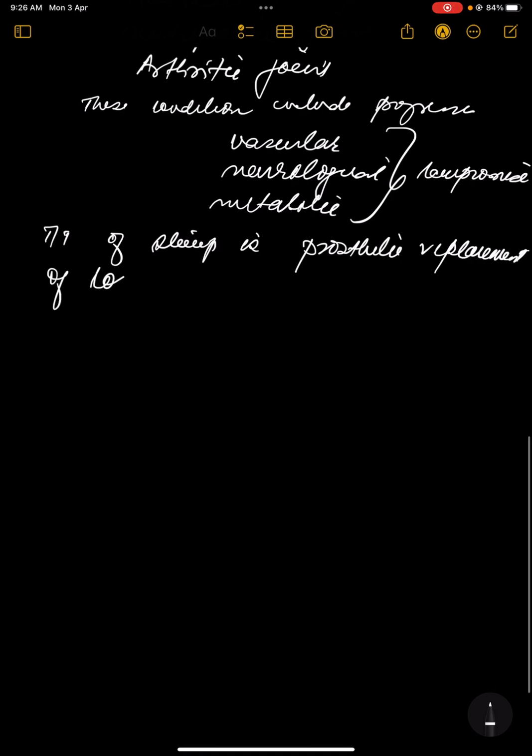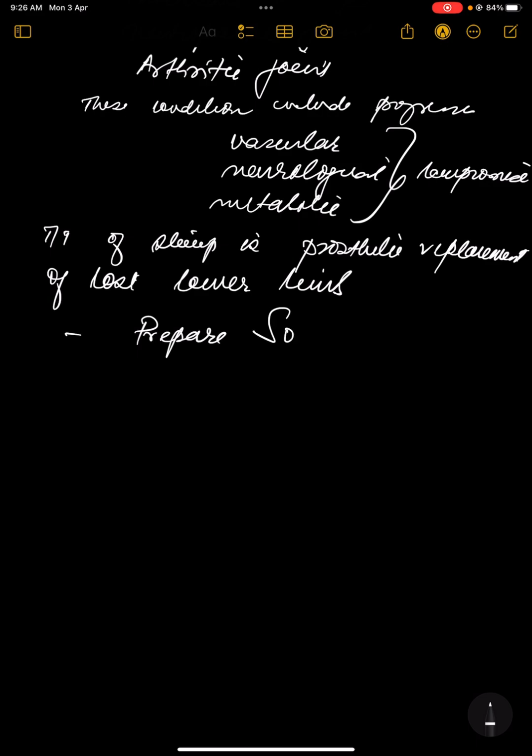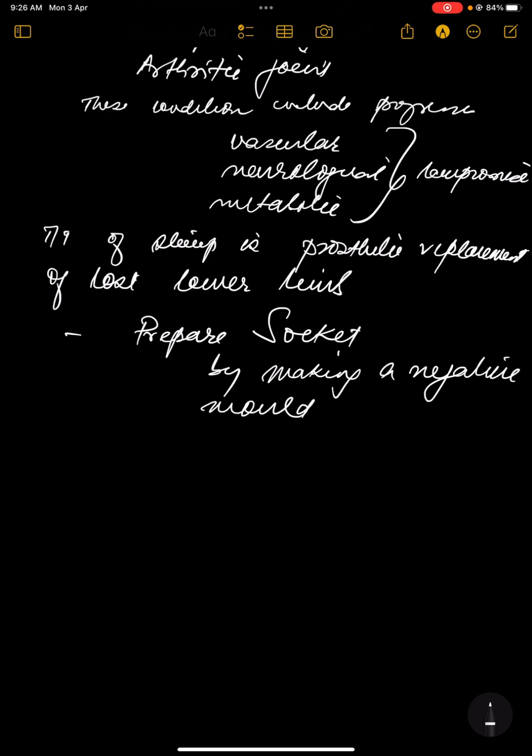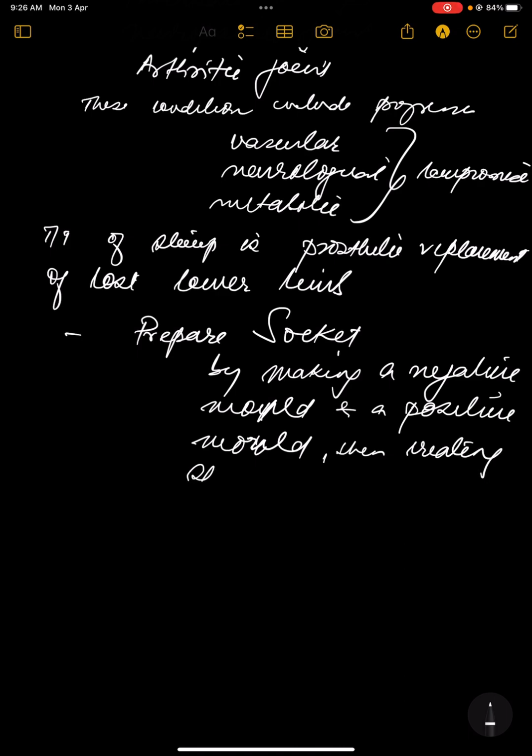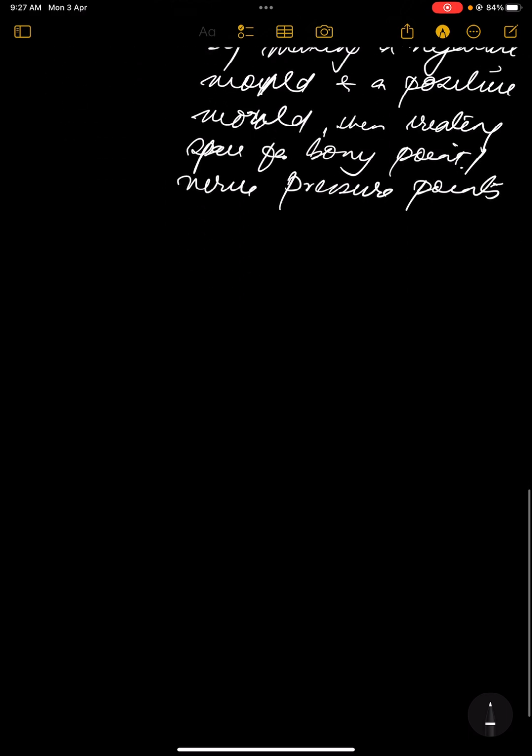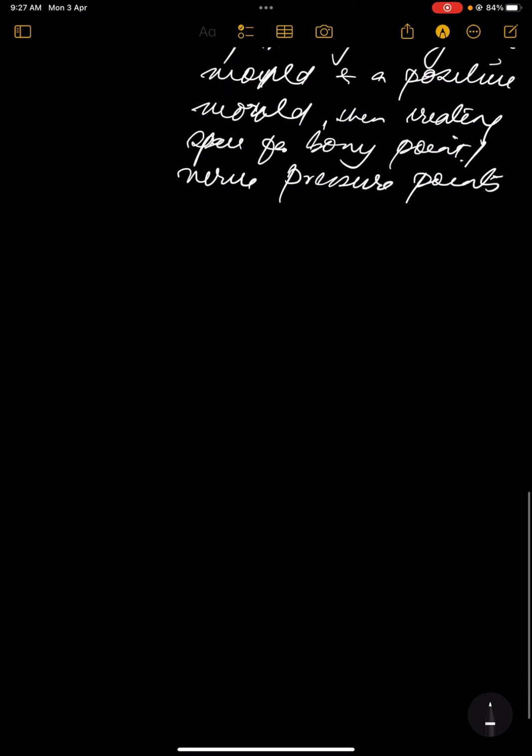First you prepare a socket by making a negative mold, a positive mold, then creating space for bony points or nerve pressure points, then you apply an inset.